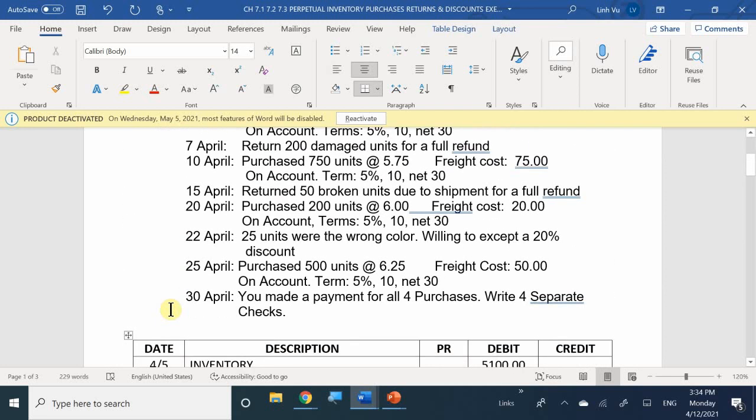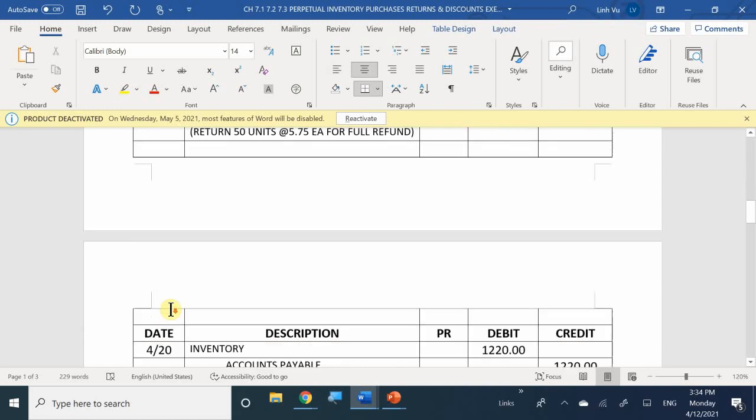So then what has happened on April 25th? 500 units at 625. Freight cost 50. So 500 at 625, freight cost 50.